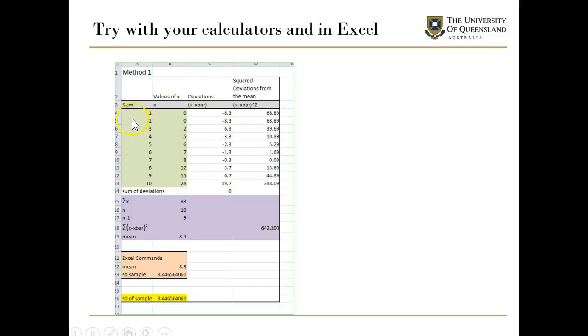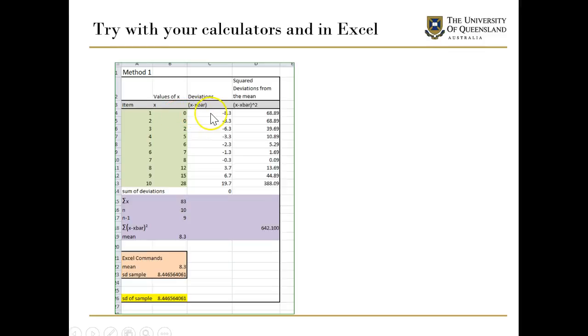So what I've done here is I've popped that data into another worksheet, and then I've got the deviations. I hope you can see here, I've called it deviation. These are our X values, and I'm taking off the mean. Let's just pop down here. The mean is 8.3 for this data, and I've used that formula in Excel, which I hope you can all do.